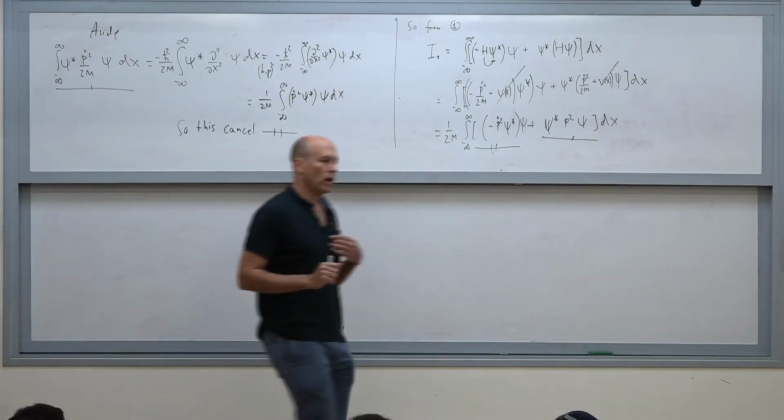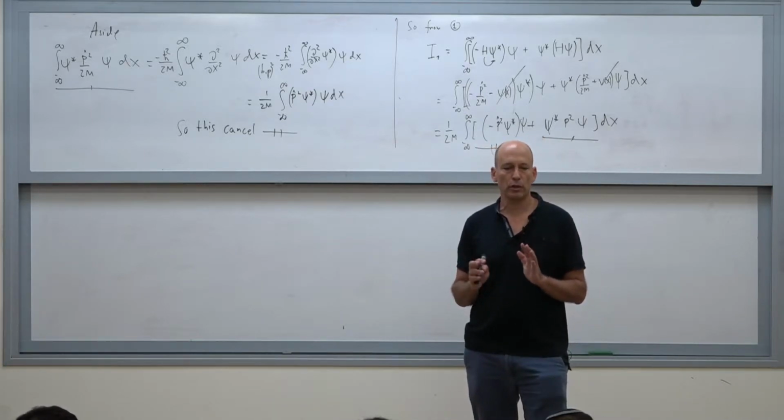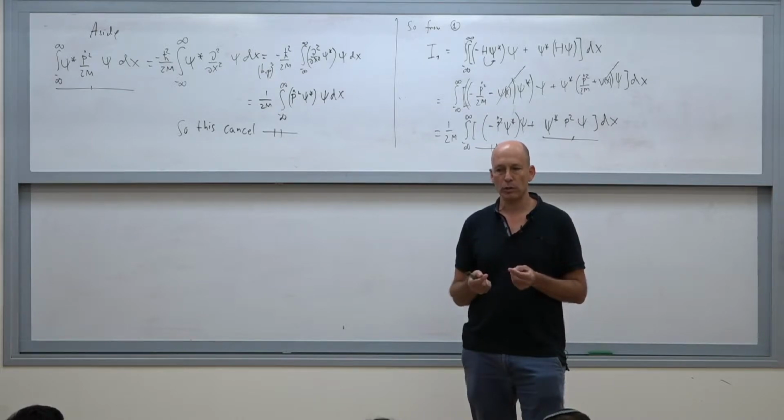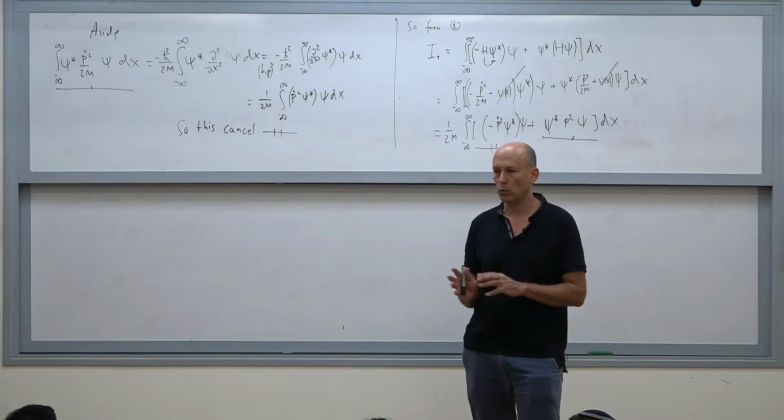So now we want to ask the following question. We have the Schrodinger equation. And then the question is, where is classical mechanics? Where are Newton's laws of motion? What is the connection at all between the quantum world and the classical world?